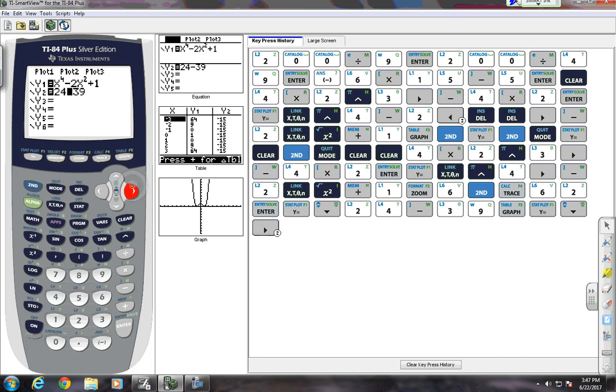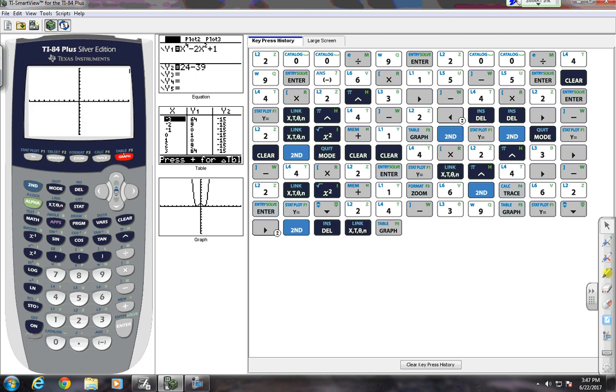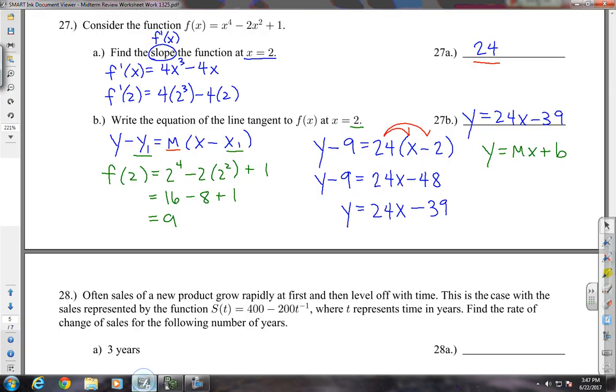Oh, left off the x here. Let me add that in and inspect the graph. There's our function f of x and the graph of the tangent line. There it is. So at x equals 2, y equals 9. That was a little higher than I originally inspected. We have a line that's tangent to the curve. So feel free to use your calculator as a support on your analytic work.